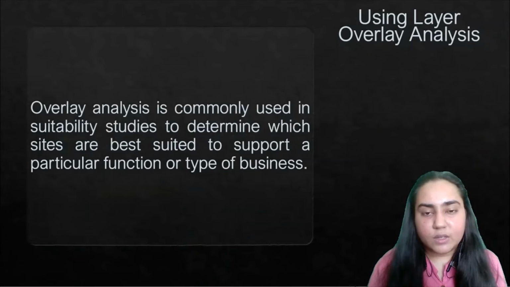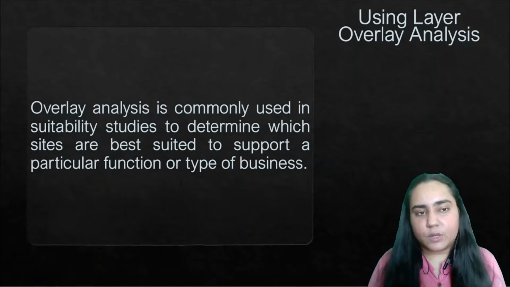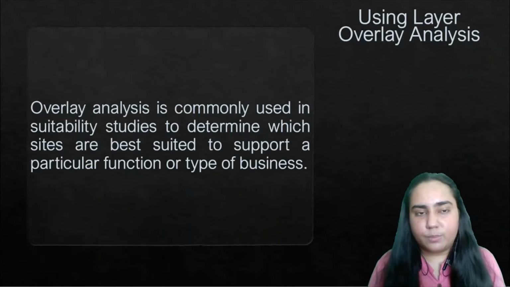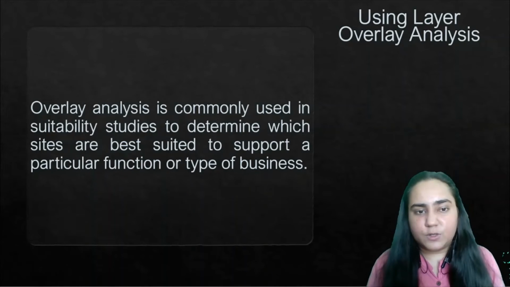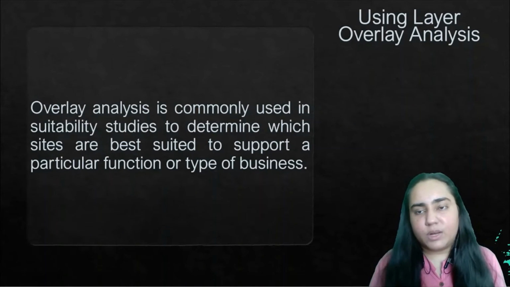Overlay analysis is commonly used in suitability studies to determine which sites are best suited to support a particular function or type of business, right? So if you wanted to start a particular business or make a construction in a particular area, and you wanted to see if that area was suited for your business operations, then you would do an overlay analysis.